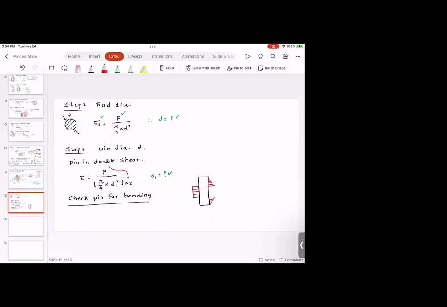So again, the procedure is you have to look at the load distribution and find out the shear force. Then you have to find out the bending moment, which should get you the maximum bending moment.